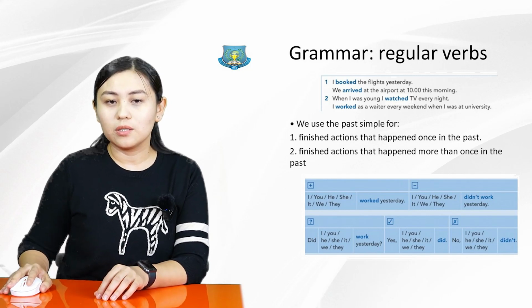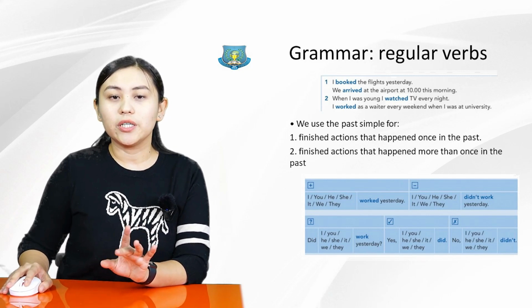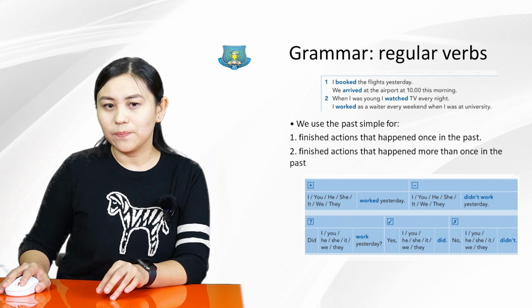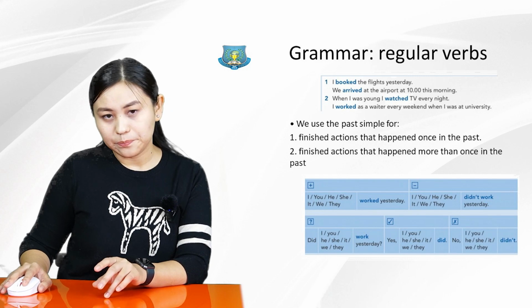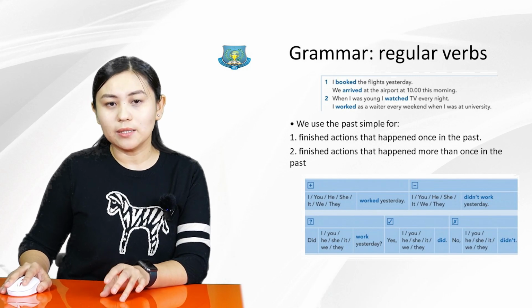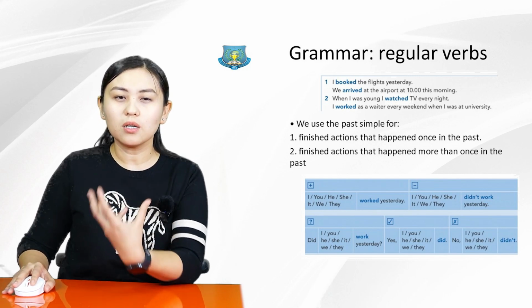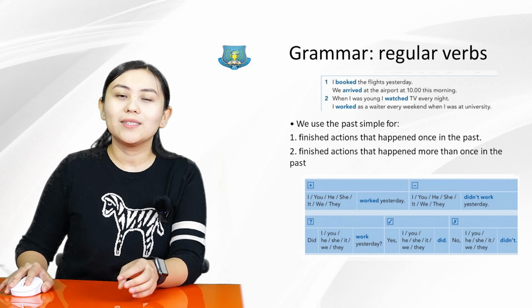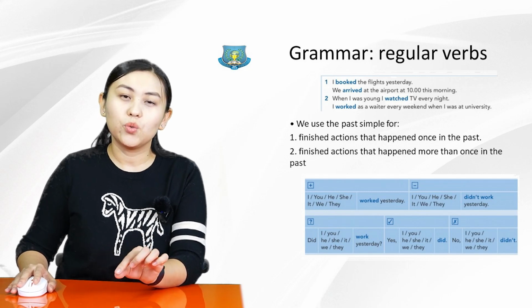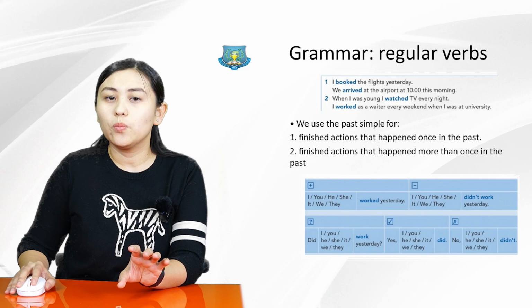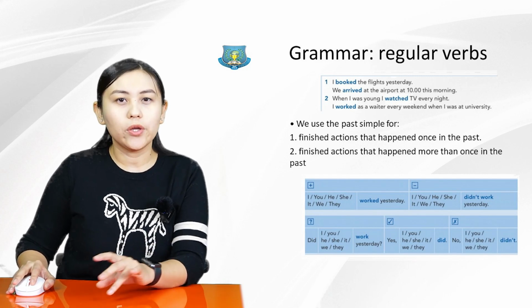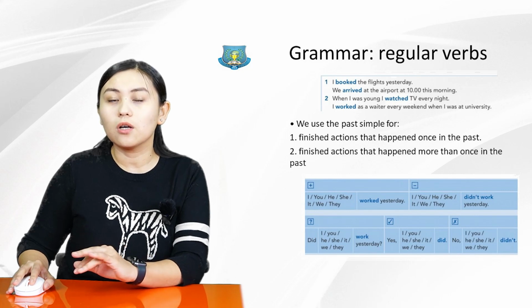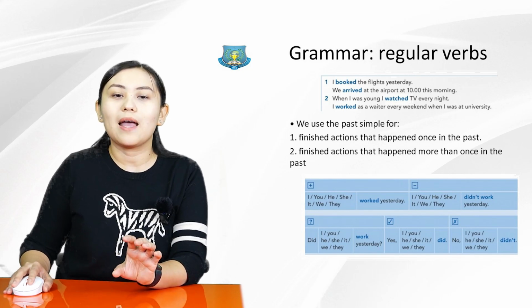As for the positive sentence, I, you, she, he worked yesterday. It, they, we also worked yesterday. When we talk about a positive sentence, we just add ed to the verb. So there are no personal changes. I worked, they worked, we worked, he, she, it also worked. You just add ed.